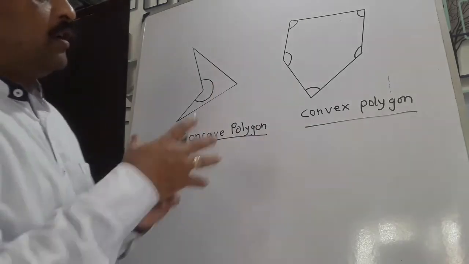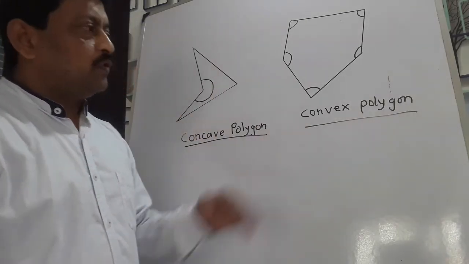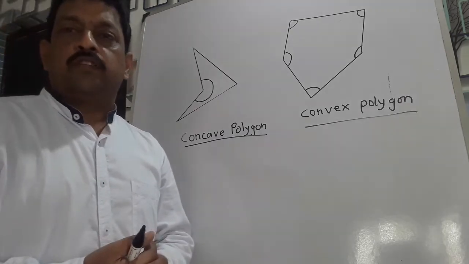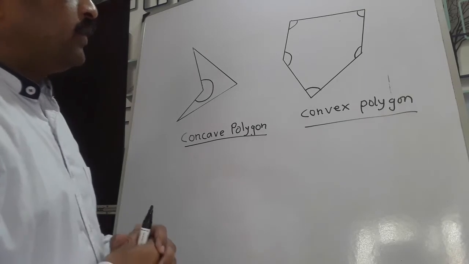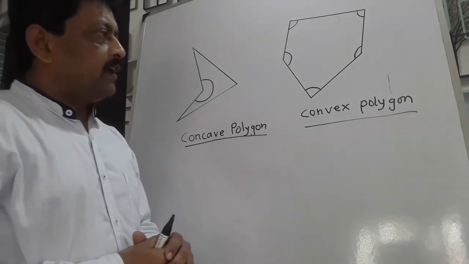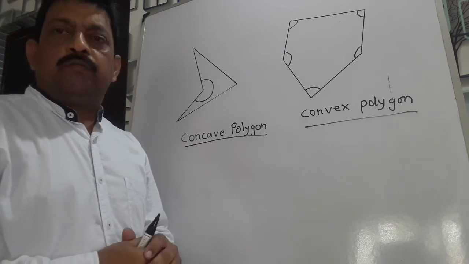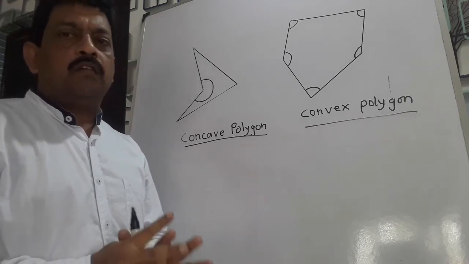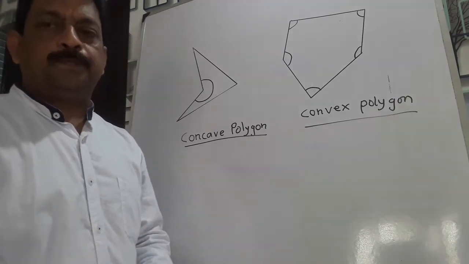So here you will find that none of the angles is more than 180 degrees, so they are known as convex polygons. Got it? Therefore we can say that a triangle, a rectangle, square, parallelogram, rhombus, trapezium, these are all convex polygons. Understood?